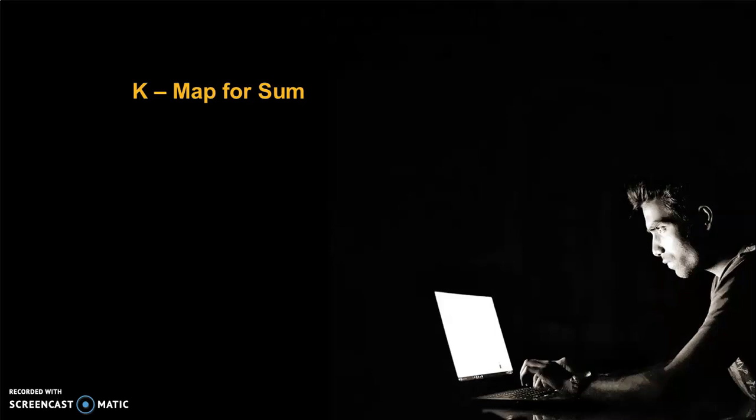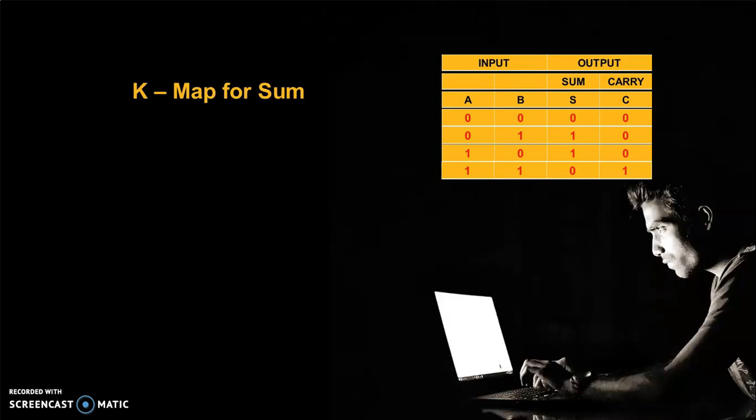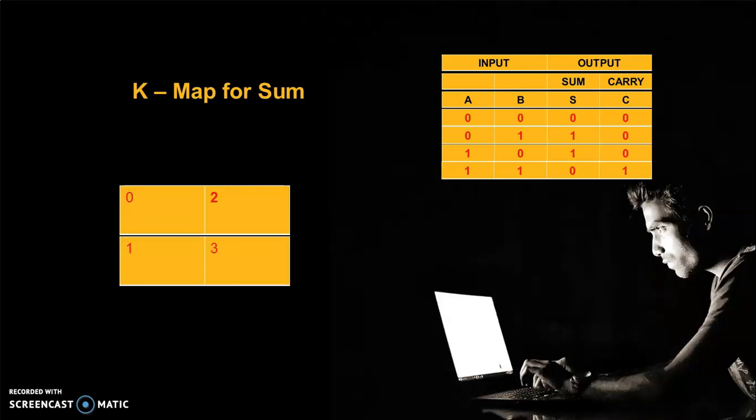So first K-map for sum. We have a truth table for our ready reference. Now we have two inputs, so we can prepare a K-map with total 4 cells. We have 2 rows and 2 columns. We have input A as well as B.